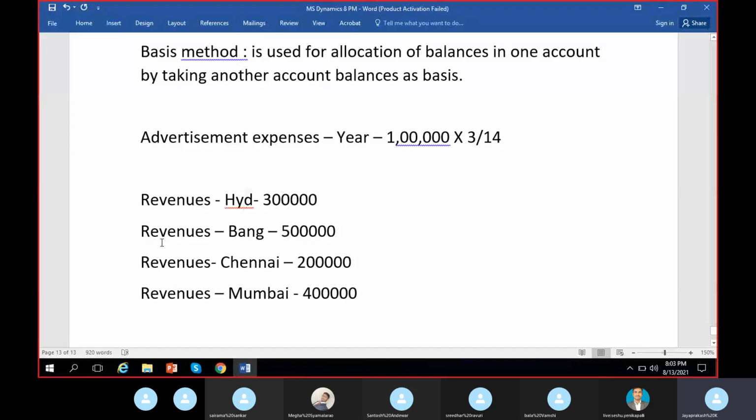By the end of a period, by the end of any year, we come to a conclusion about the revenue earned in the company on the basis of each location: 3 lakhs, 5 lakhs, 2 lakhs and 4 lakhs.